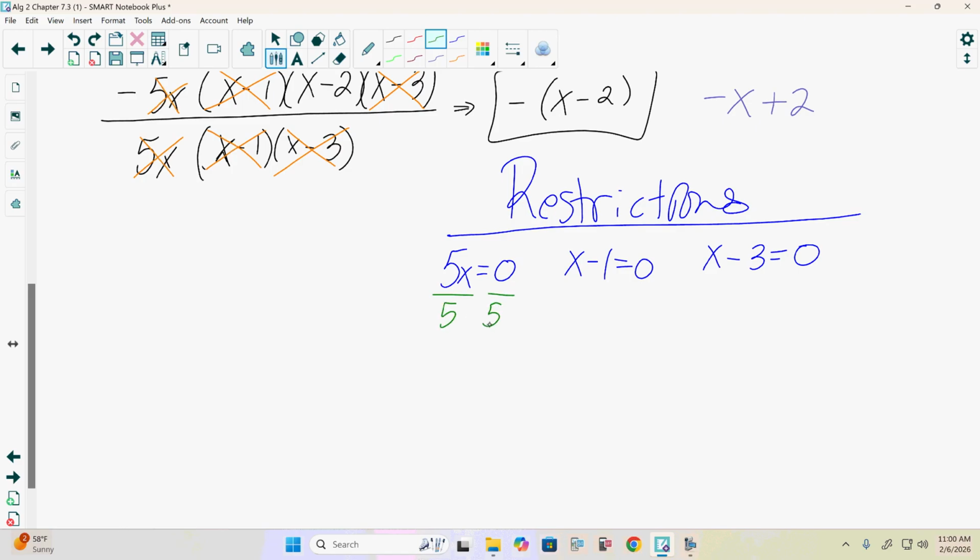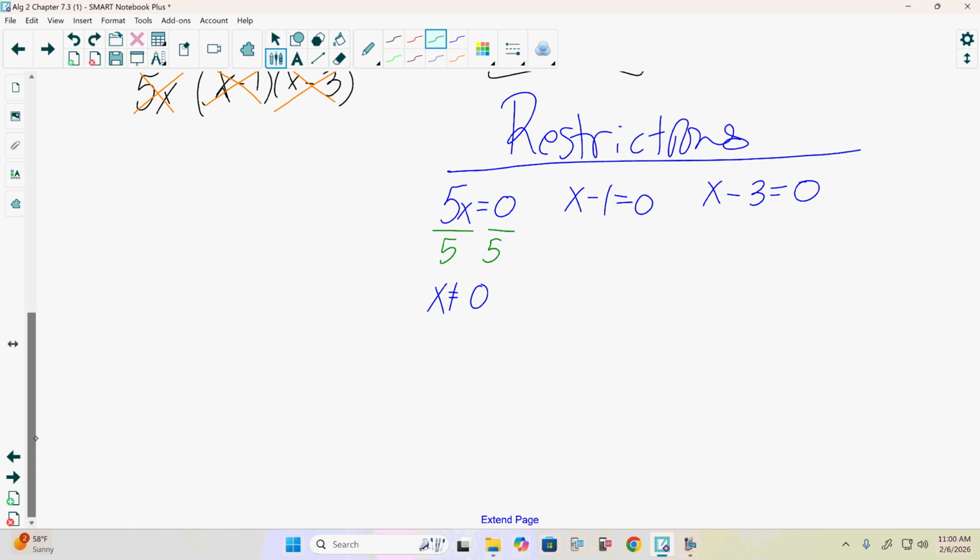The main way that most of us will go to is divide both sides by 5. 0 divided by 5 is 0, so x cannot be 0. But the other way to think of it is, we have two things that multiply together to get 0. 5 times x. 5 cannot be 0, so x has to be 0.